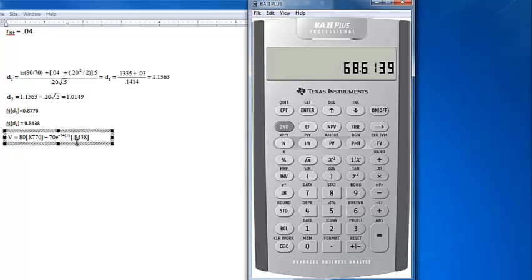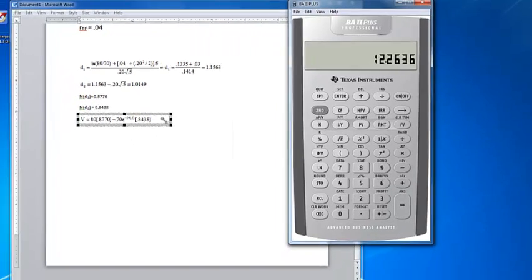And then I'm going to multiply this by the probability of 0.8438. So I get 57.89. I'm going to store that. It's the second number. Recall my first number minus recall of the second number to get $12.26.